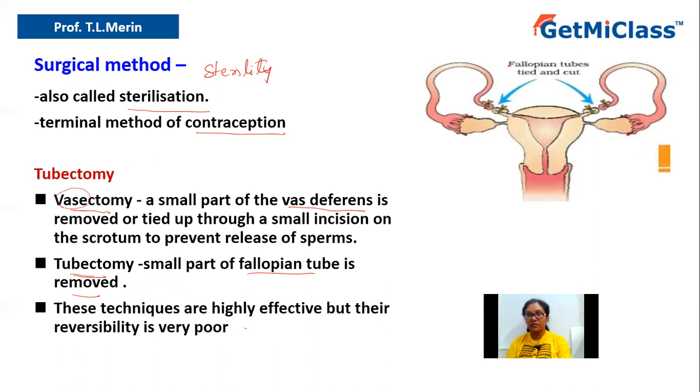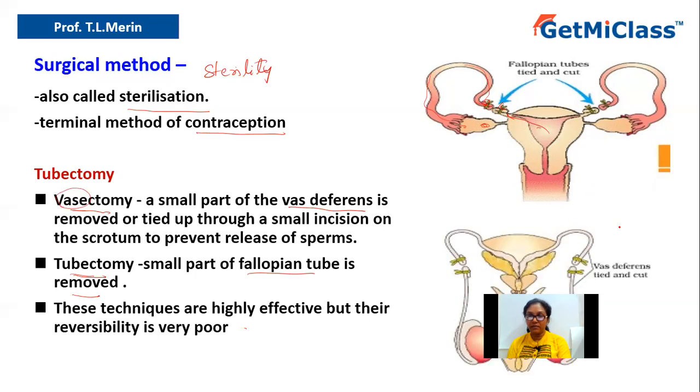This is in the case of females. You can see the fallopian tubes have been cut here and they are tied. So even if the eggs are released into the fallopian tube, they will not get into the uterus at all, and even the sperms cannot travel there.